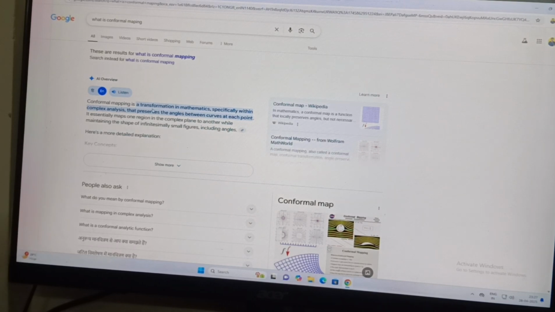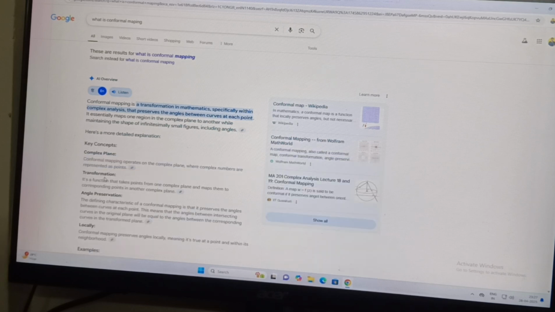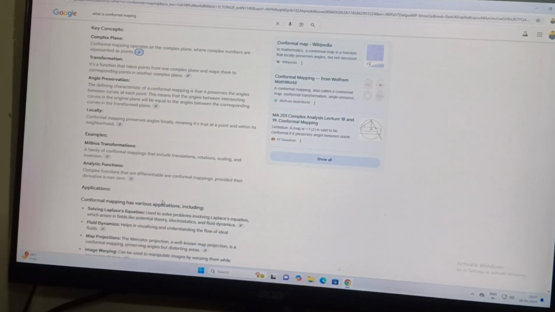Conformal mapping is a transformation in mathematics, especially within complex analysis, that preserves the angles between curves at each point. So these are complex plane transformations, with local angle preservation. Analytic functions, complex functions that are differentiable, are conformal mappings, provided their derivative is non-zero. So I have told you everything which I have discussed in my notebook.